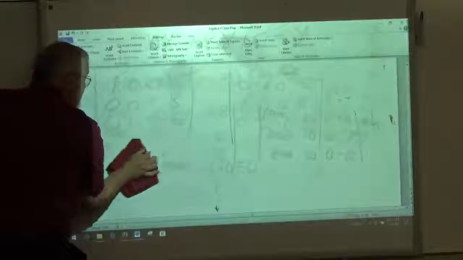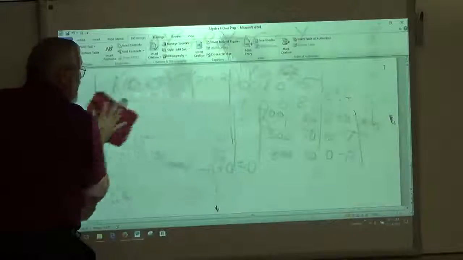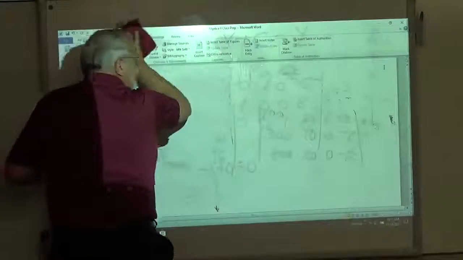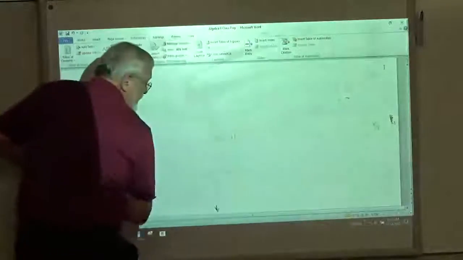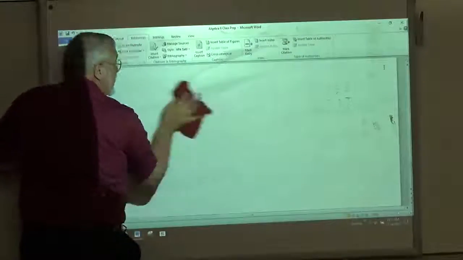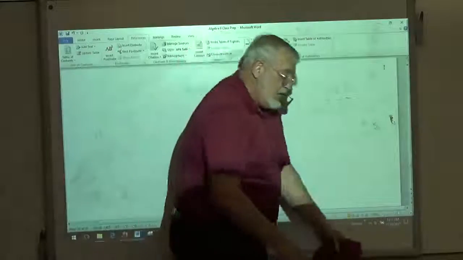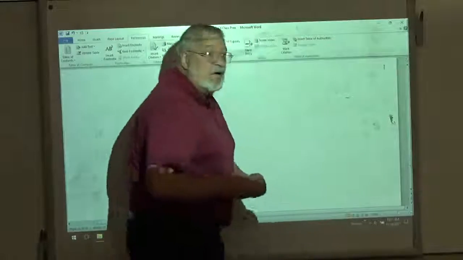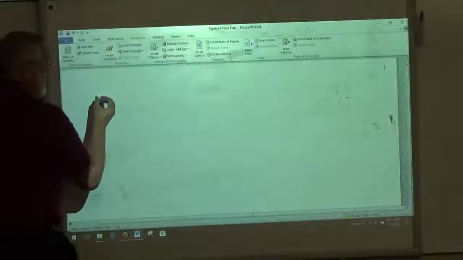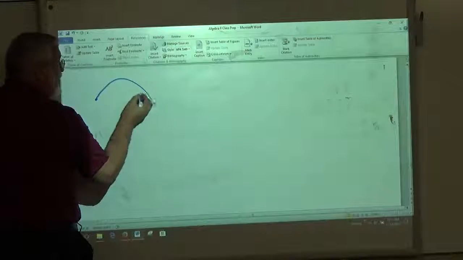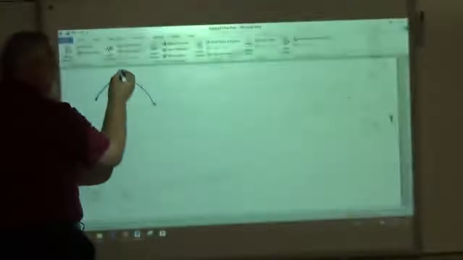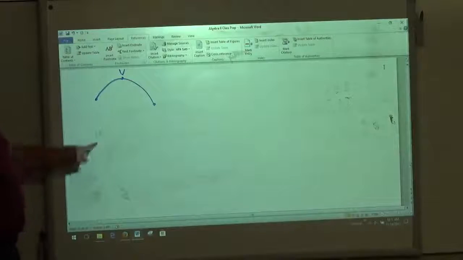What happens in a quadratic is that the vertex ends up being the highest point of the graph. Okay? So let's think of it this way. It starts here, comes up here, and it ends here. This vertex is the highest point.